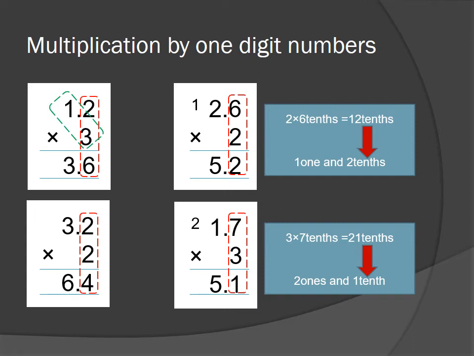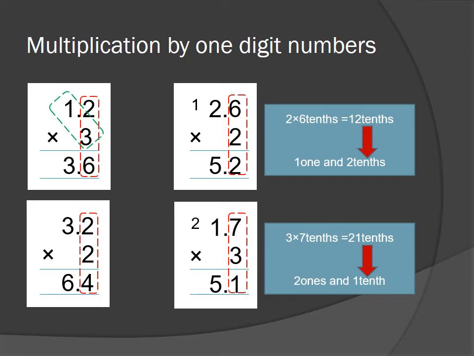So 21 you can't write in one place, so you have to regroup that 21 into ones and tens. So you can regroup it as 2 ones and 1 tenth. 1 tenth you can write in tenths place, then the other two have to write in ones place.